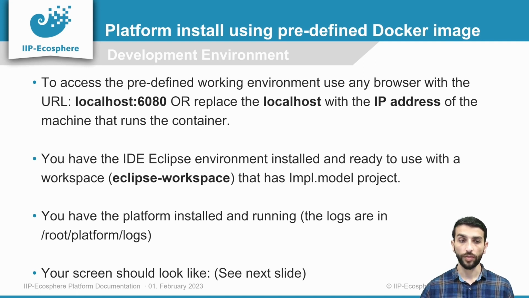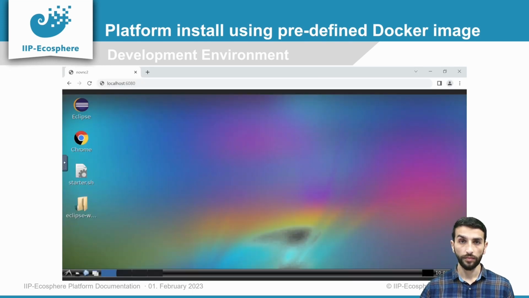In this environment, you should have IDE Eclipse development installed and ready to use with an Eclipse workspace that has an inbuilt model project. Also, you have the platform installed and running and ready to use, and the logs exist in the shown directory. Your screen should look like this one.